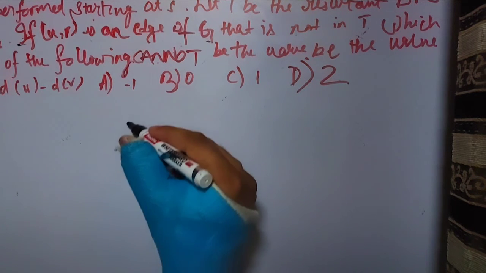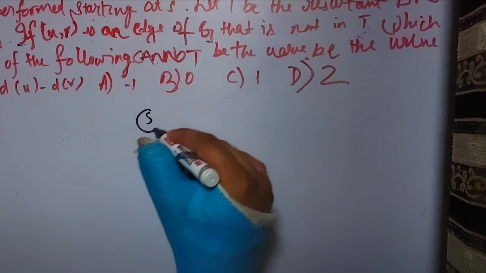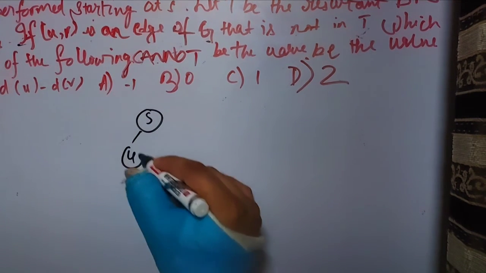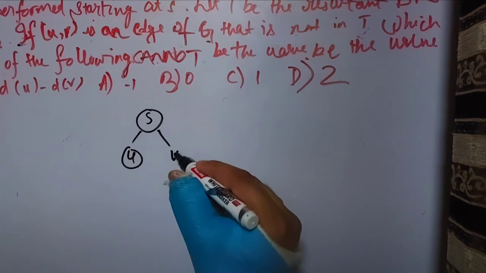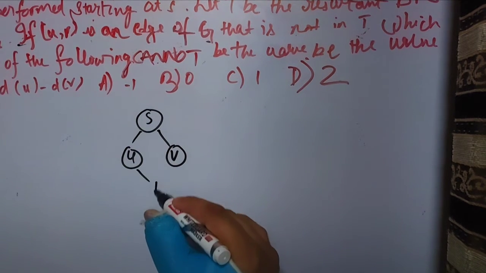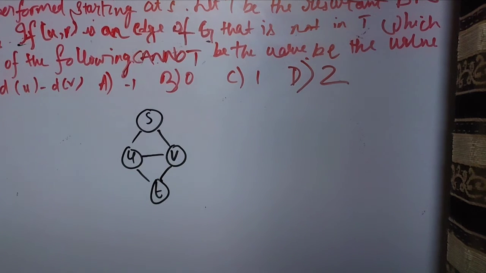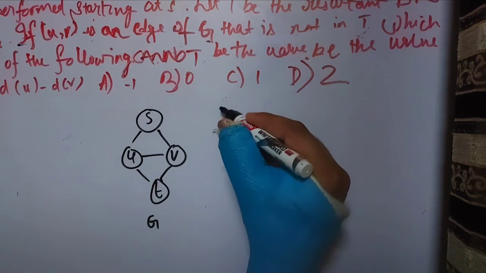So our source vertex is S. Here it is given in the question that the (U, V) edge is in graph G whereas it is not in T. So it is our graph G, and if we carry out the BFS from source vertex S, then the resultant tree T is as follows.